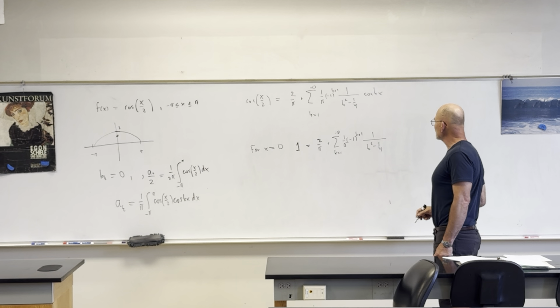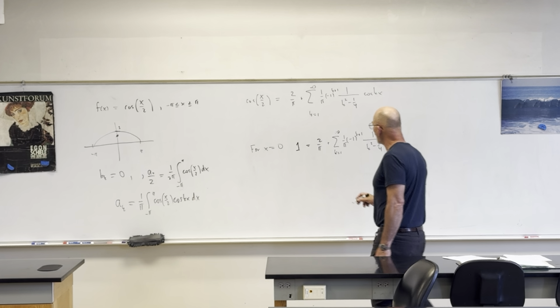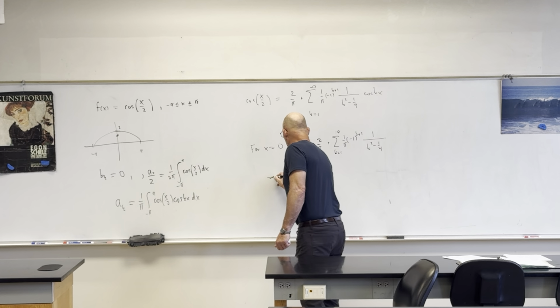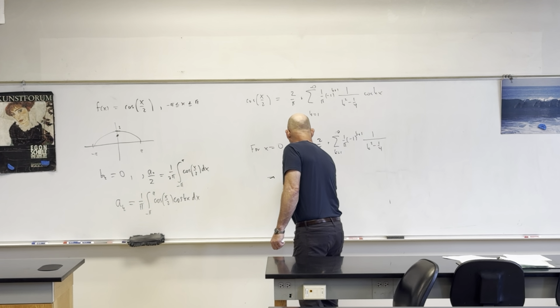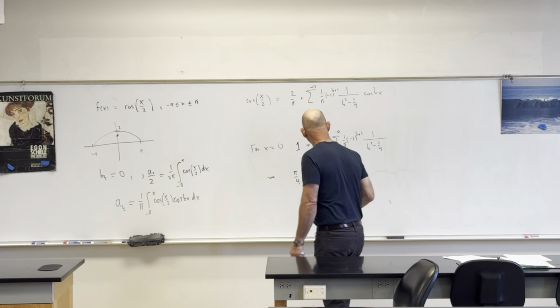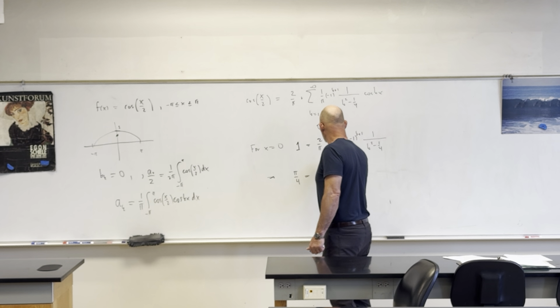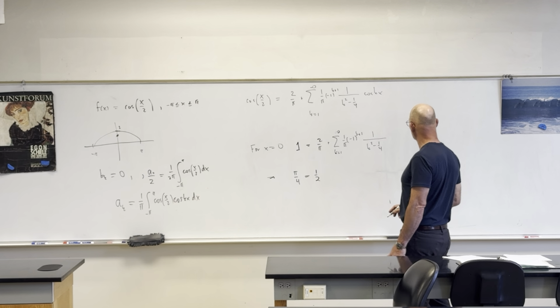So what we can do is multiply the whole thing by pi over 4. So pi over 4 will be equal to pi over 4 times 1/2, and we do pi over 2.